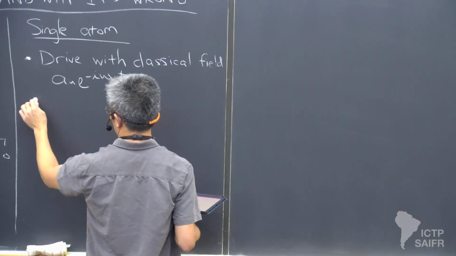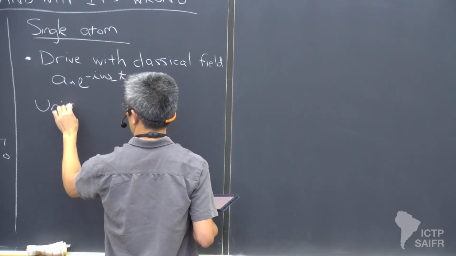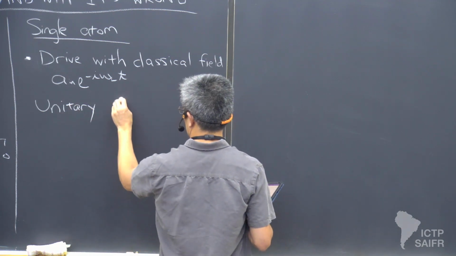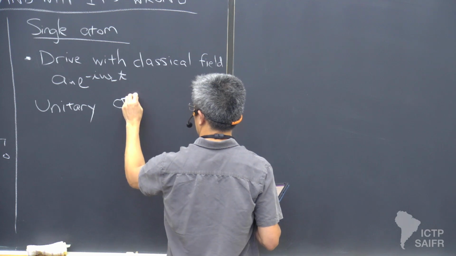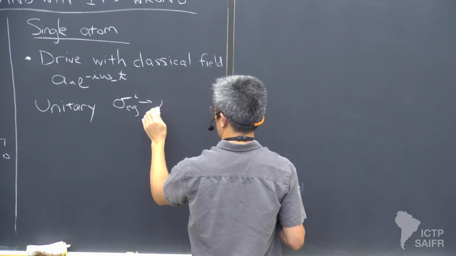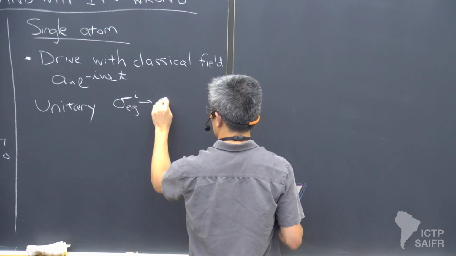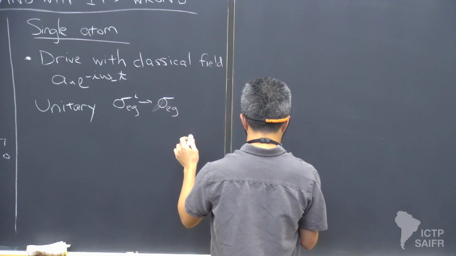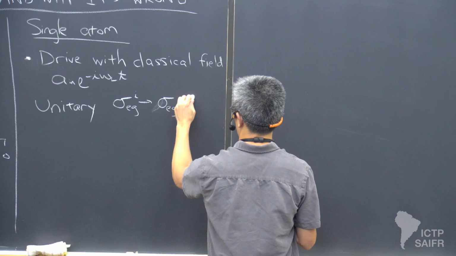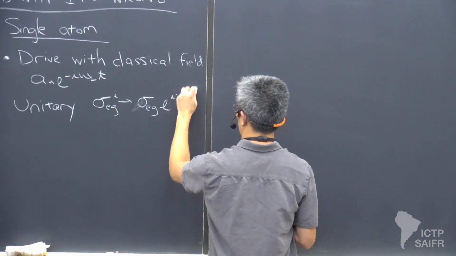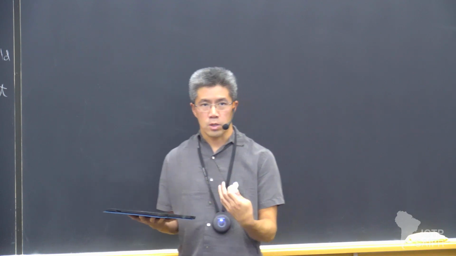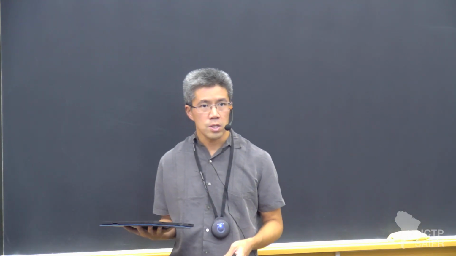So to get rid of that time dependence, you can apply a unitary transformation, where you transform sigma eg to sigma eg e to the i omega L t. So if you want, you can say that you're going into a frame that's rotating with the laser frequency.